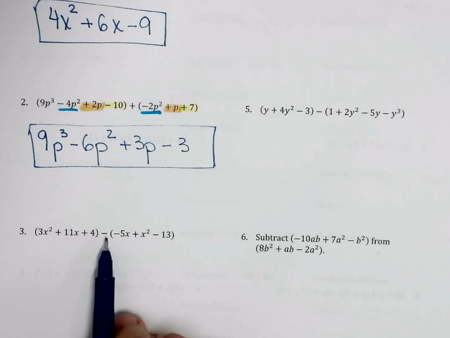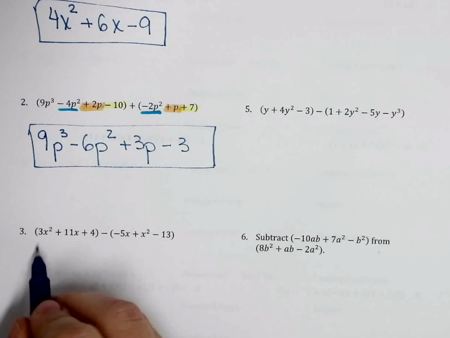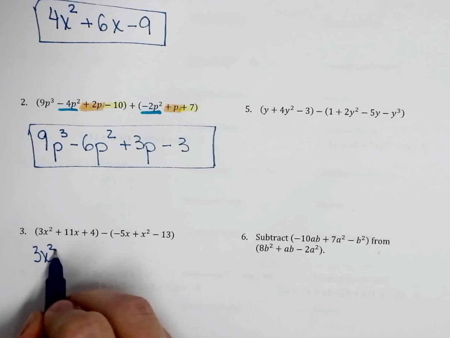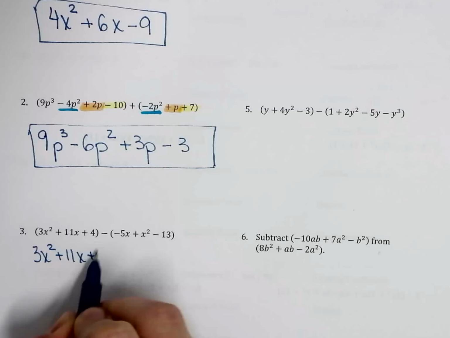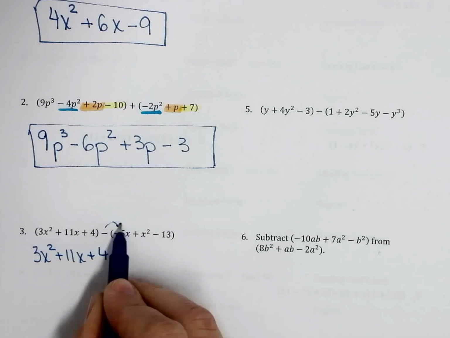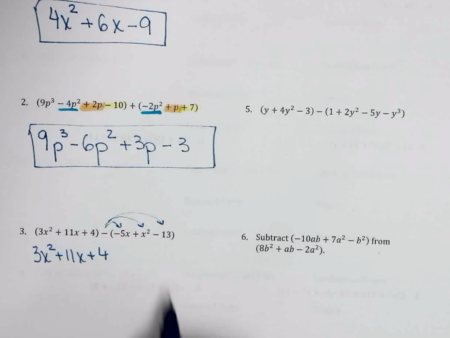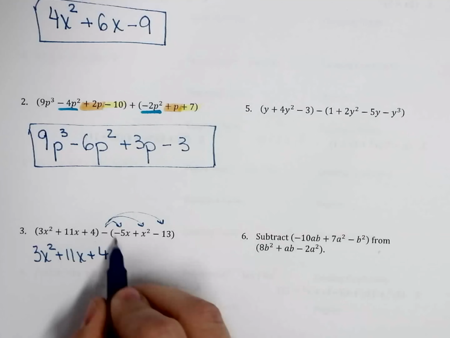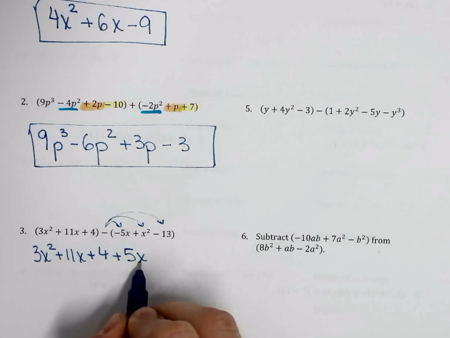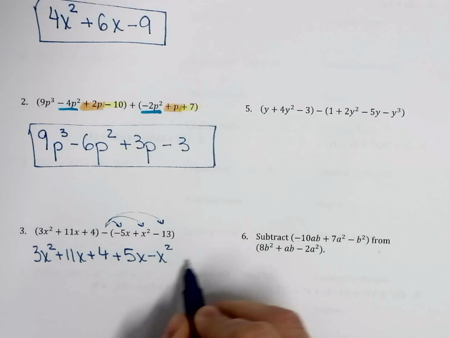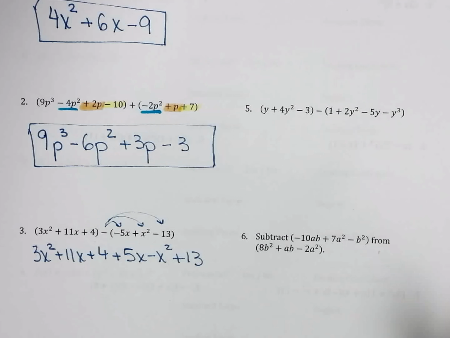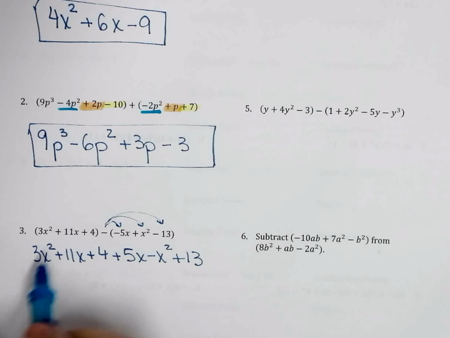Now, this negative, I have to deal with it before I start grouping, before I start combining like terms. So 3x squared plus 11x plus 4, distribute the negative right there with all these guys. So 2 negatives make a positive. Minus x squared plus 13. Now I'm going to sort them out.